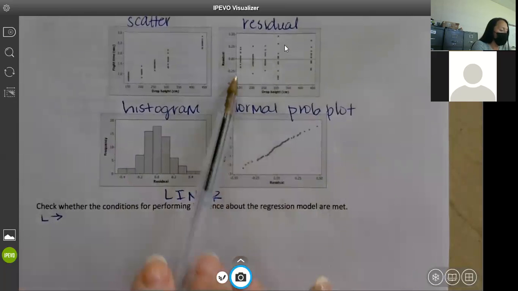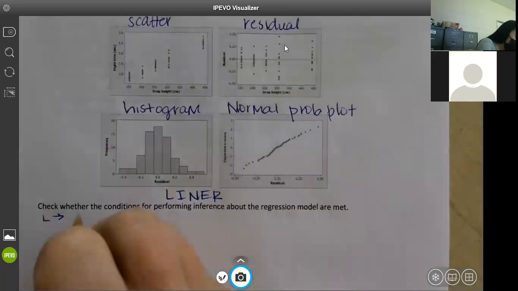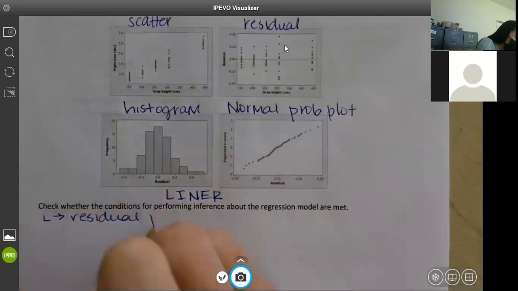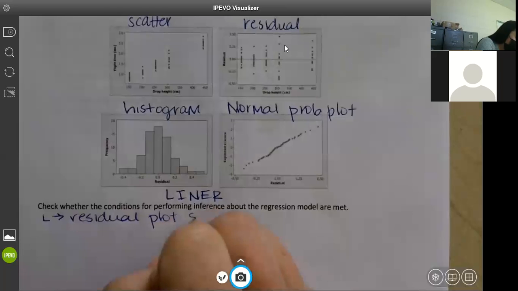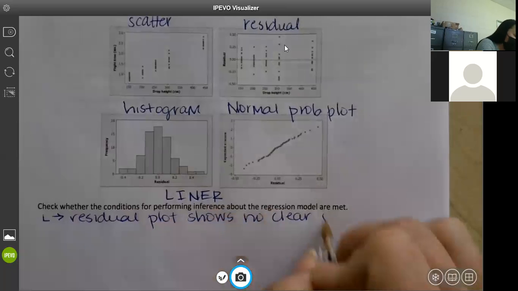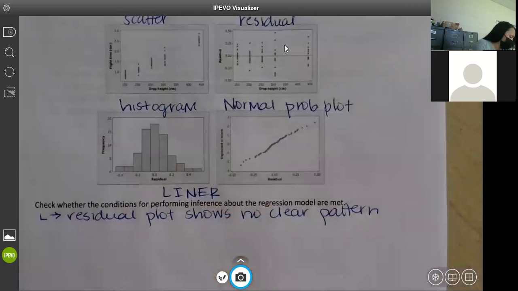And I know that they make vertical lines, but it's still not a pattern. So the residual plot shows no clear pattern.